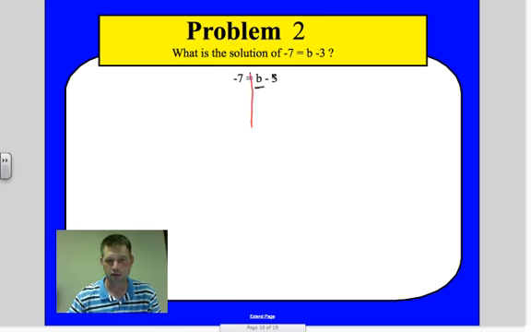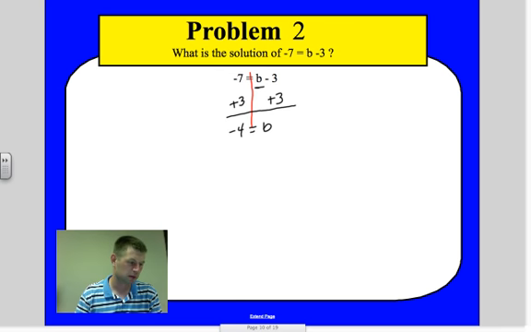Because it's minus 3, we're going to do the inverse, which is to add 3 to both sides. Okay, draw a line. Negative 3 plus 3 makes 0. b plus 0 is b. That equals negative 7 plus 3. Well, that gives us negative 4. So our answer is negative 4.